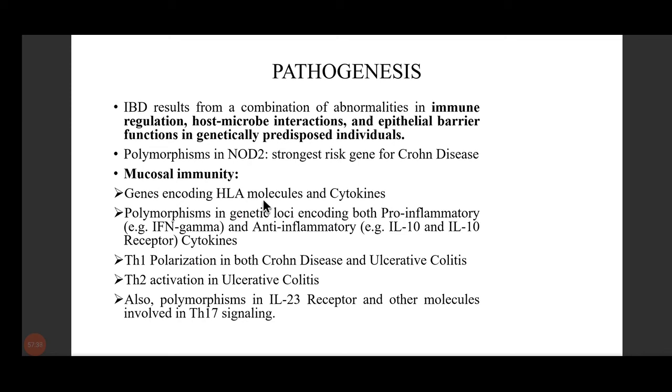Polymorphisms in genetic loci encoding pro-inflammatory or anti-inflammatory cytokines are involved. Th1 polarization is seen in both Crohn's disease and ulcerative colitis. Th2 activation is more commonly seen in ulcerative colitis. Also, polymorphisms in the interleukin 23 receptor and other molecules involved in Th17 signaling are involved.